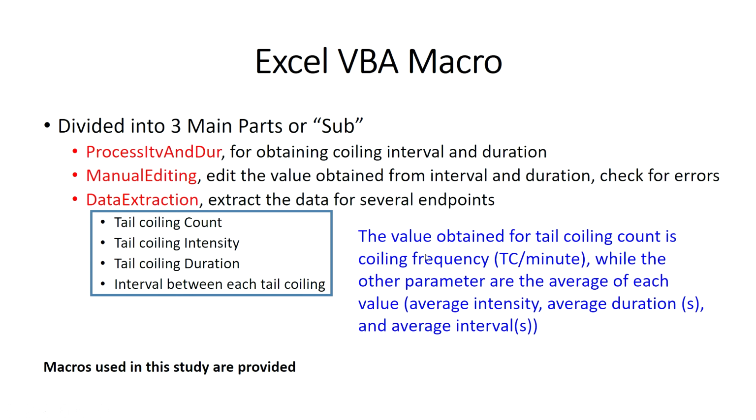The value obtained for tail coiling count is coiling frequency, or TC per minute, while the other parameters are the average of each value: average intensity, average duration, and average interval. But for the frequency, you need to change the macro a little bit depending on the length of your video.